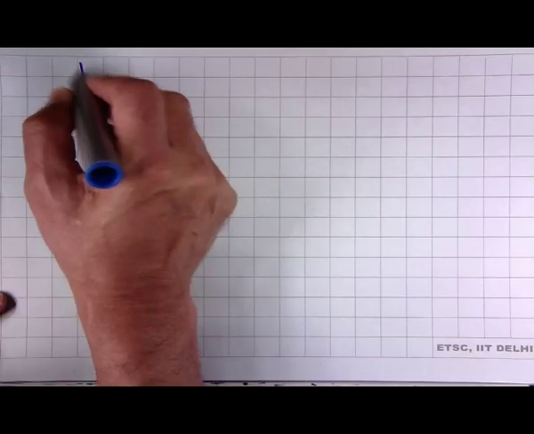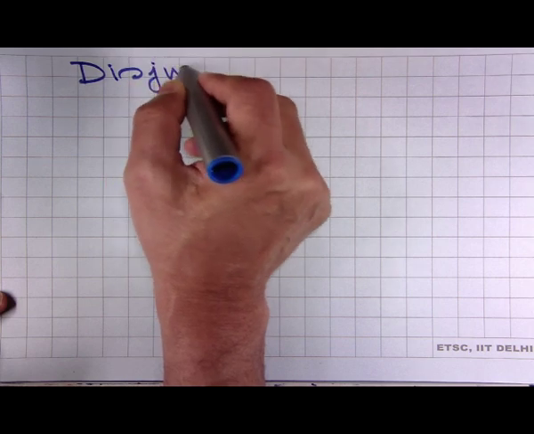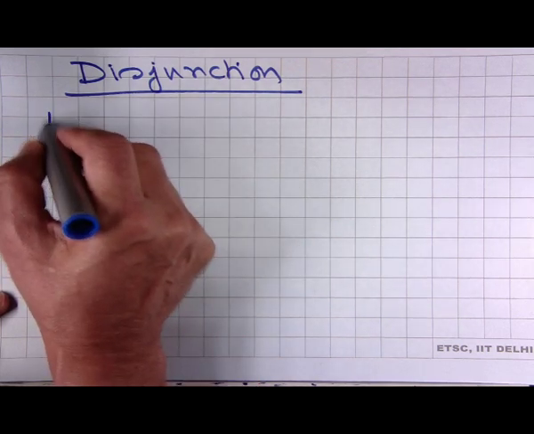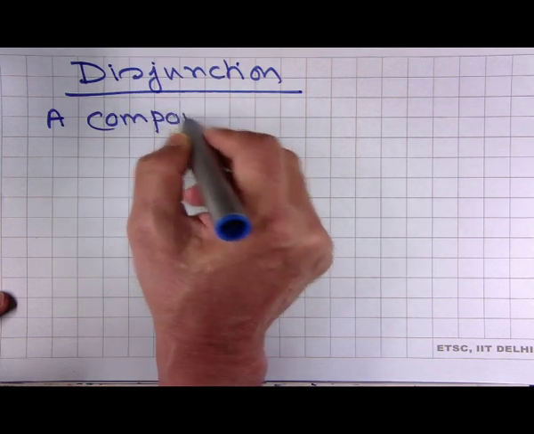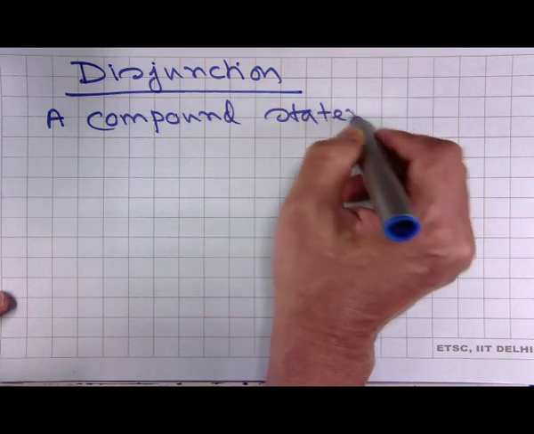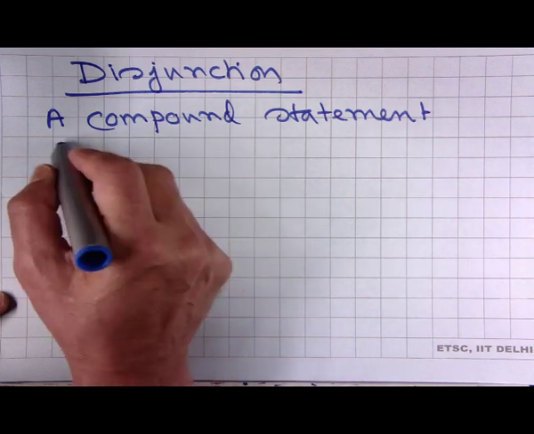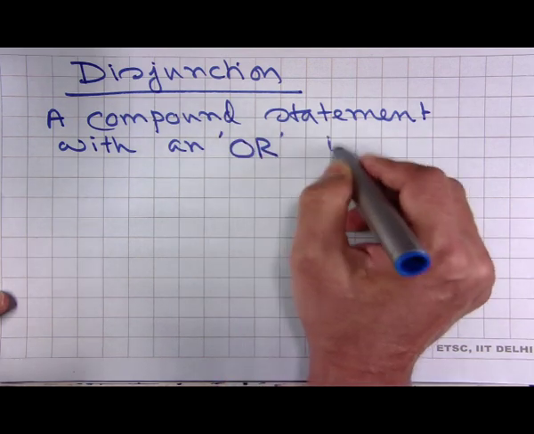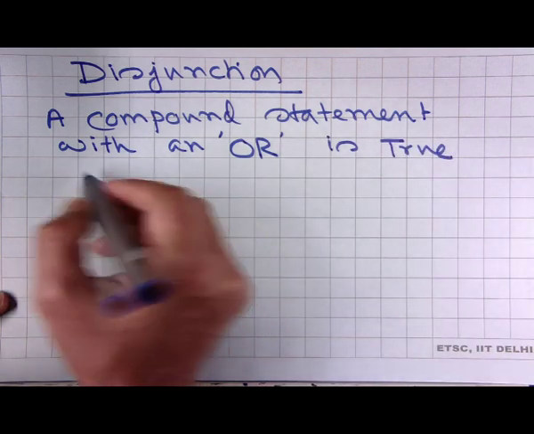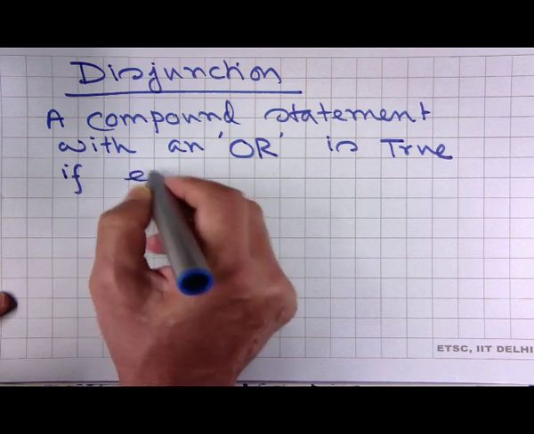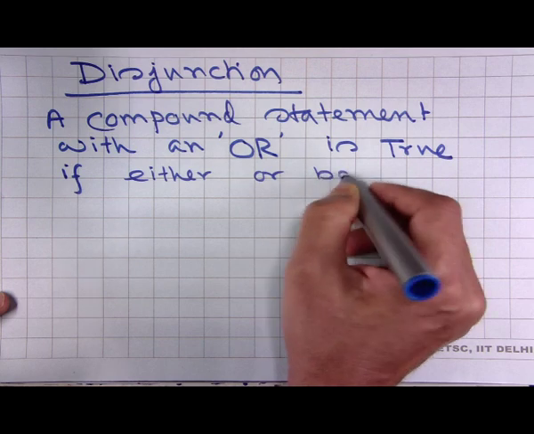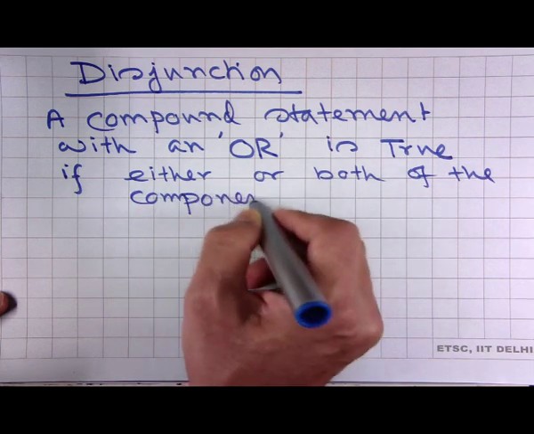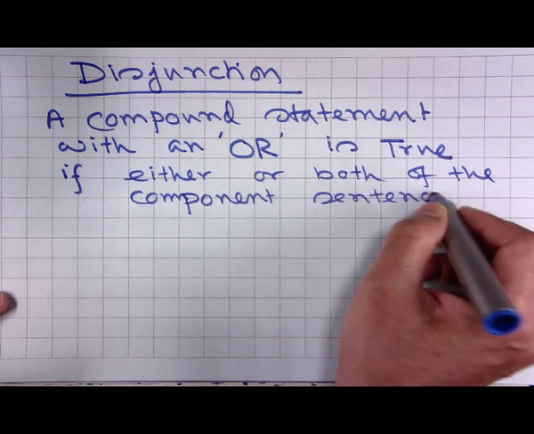Now, let me look at disjunction. A compound statement with an or is true if either or both of the component sentences are true.